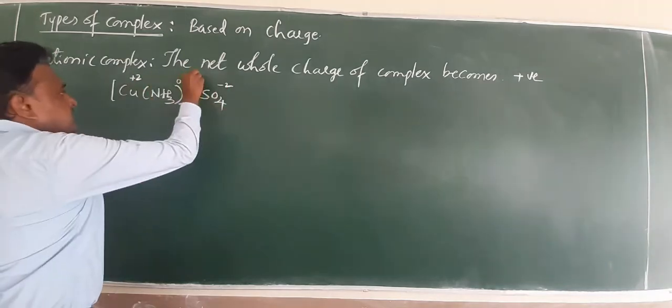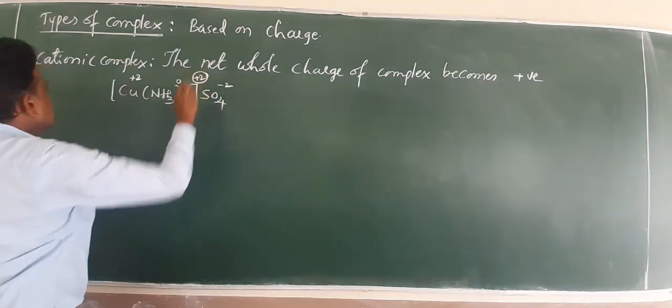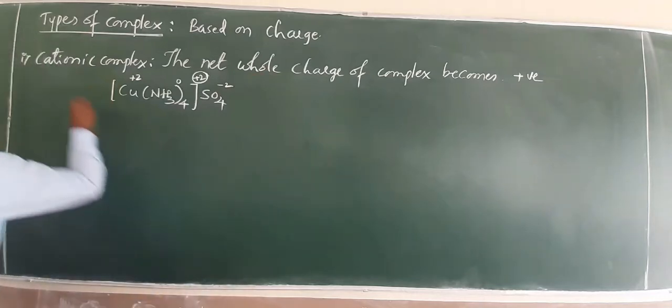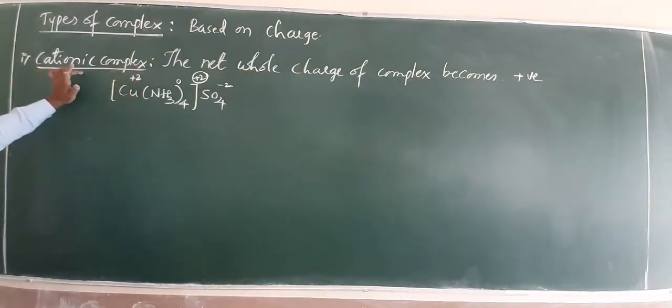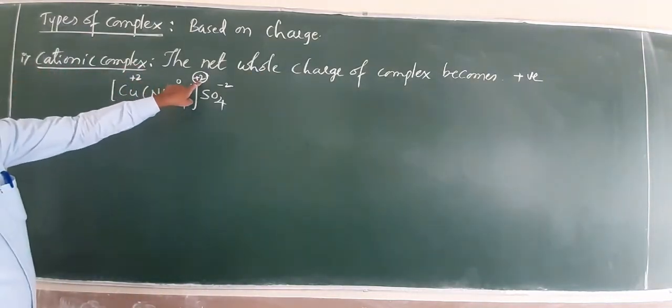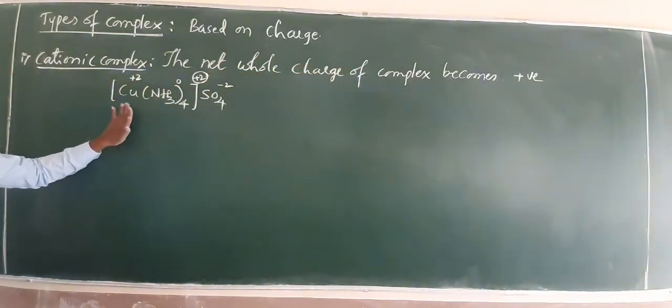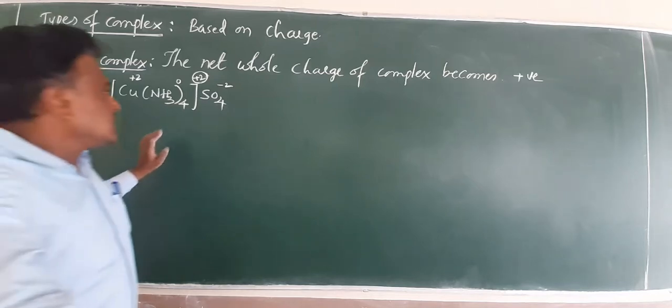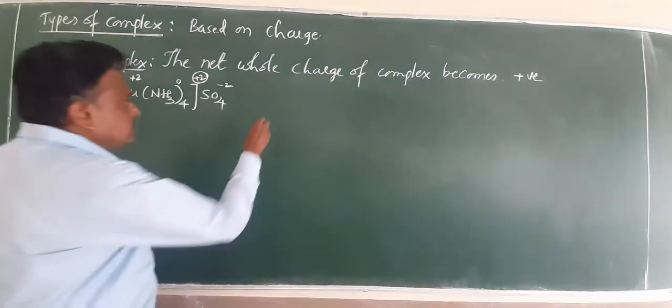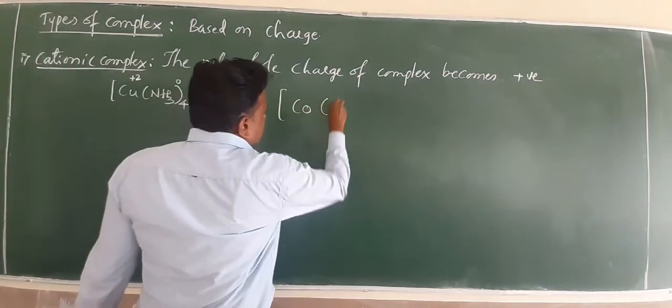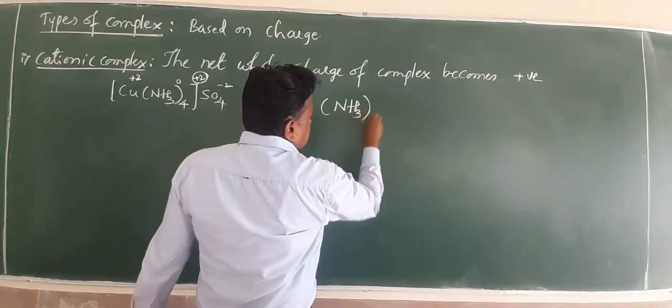The charge becomes plus 2. So this is the net whole charge, so it is known as a cationic complex. A complex whose net whole charge becomes positive is known as a cationic complex. One more example: [Co(NH3)6]Cl3. Chloride is minus 1, three of them give minus 3. Ammonia is 0. The net whole charge must be 0, as I said.